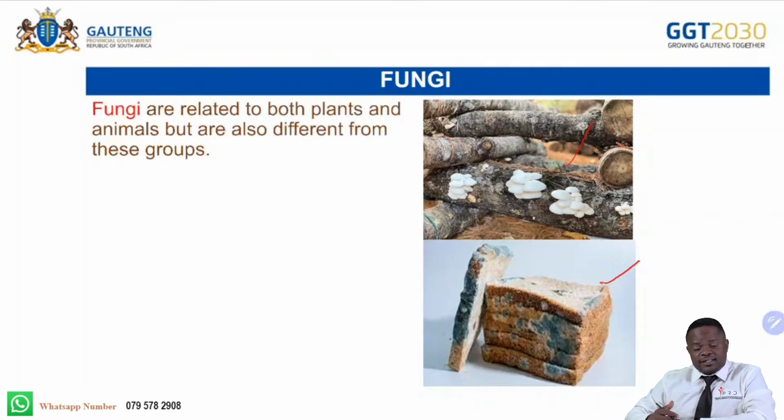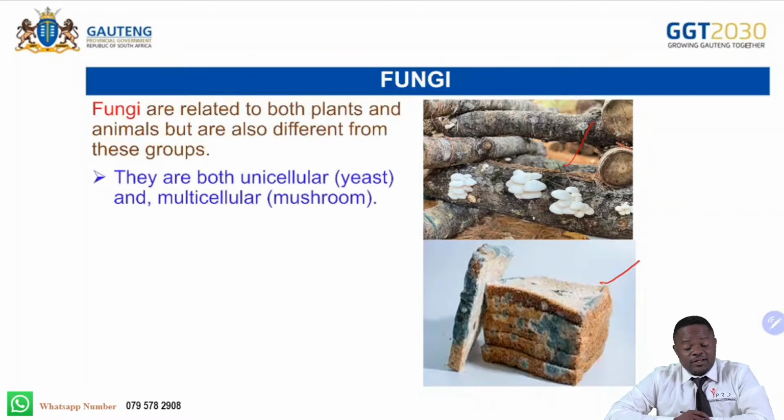Our fungi are related to both plants and animals, but they are also different from these groups. Your fungi can be unicellular, and remember, unicellular means single-celled. A typical example is yeast. They can also be multicellular, with a typical example being the mushroom. Yes, you know now that a mushroom is a fungus.